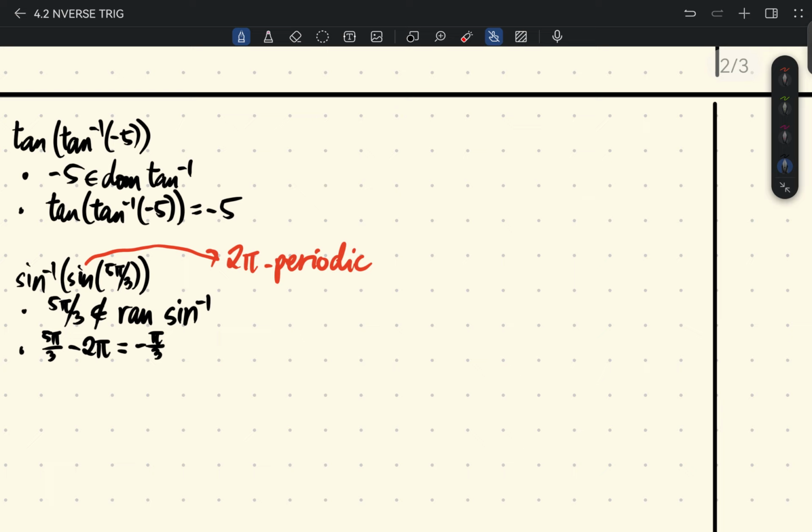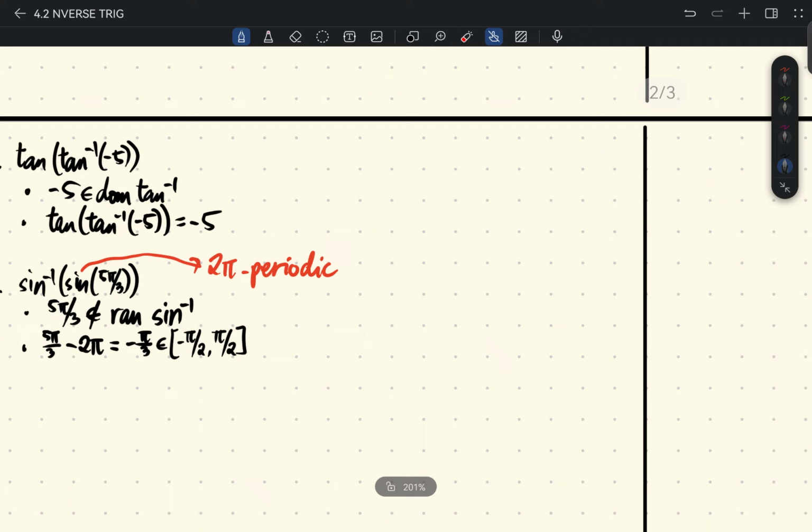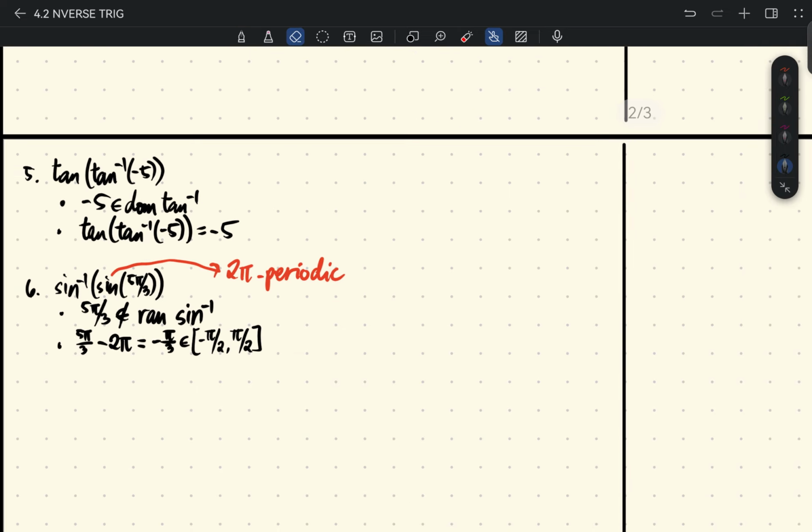And negative pi over 3 is clearly inside negative pi over 2 to pi over 2. And so that means we can apply the properties of inverse functions by writing sine inverse of sine of 5 pi over 3 as sine inverse of sine of, this time, negative pi over 3.